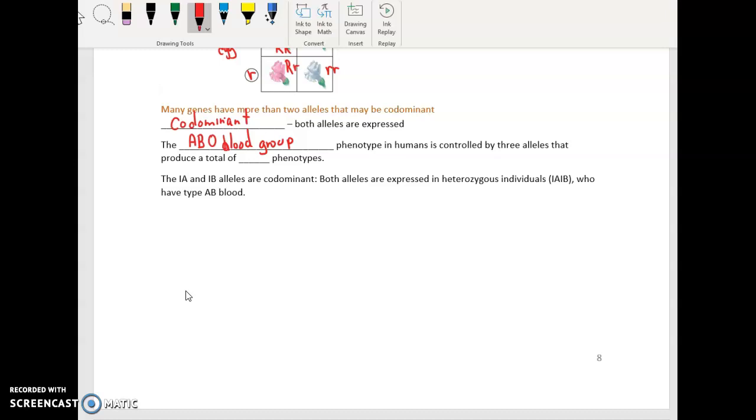So we have the IA and the IB alleles are codominant. Both alleles are expressed in a heterozygous individual. So if you have an IA and an IB, you'll have type AB blood.